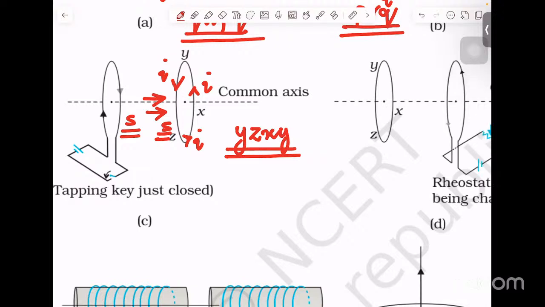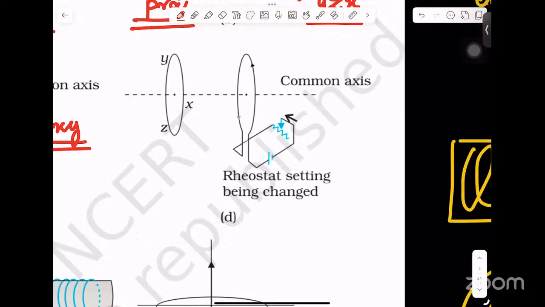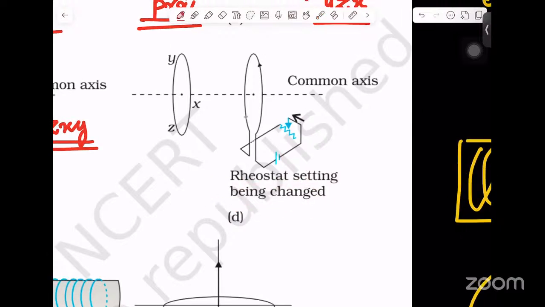Next, moving on to the fourth case over here. In the fourth case, we have the circuit like this, and the rheostat setting is getting changed. That means the current is changing, and due to the current changing, there is a changing magnetic field also. So that is the source of the EMF.